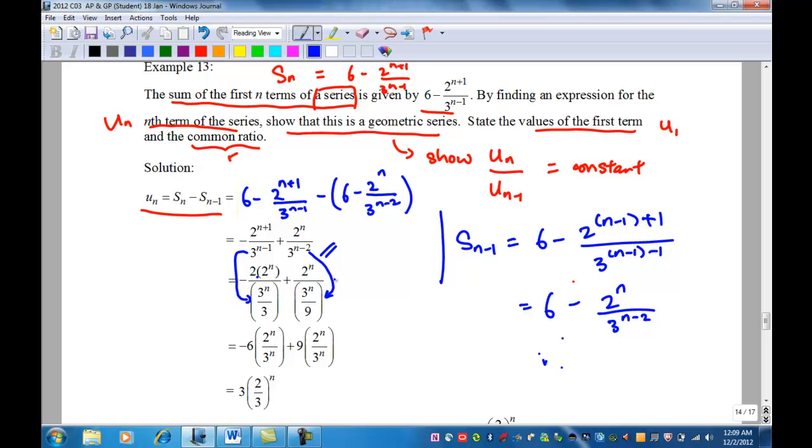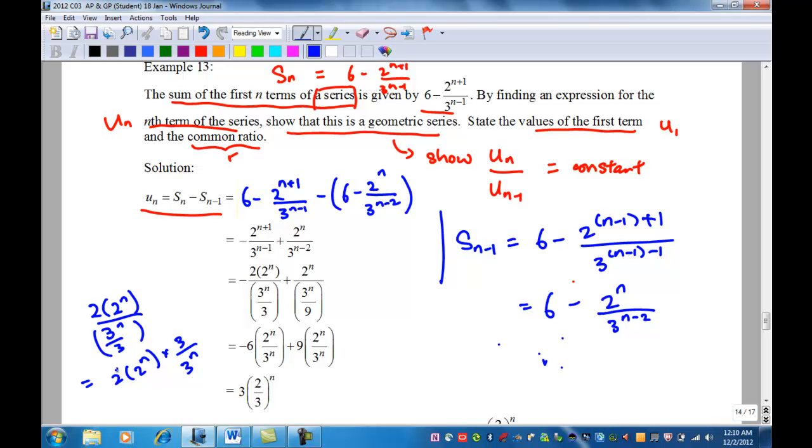From here, for us to simplify further, we can see that when we multiply out 2 into 2 power n, and divide by 3 power n over 3, for example, we are going to get 2 into 2 power n times 3 over 3 power n.